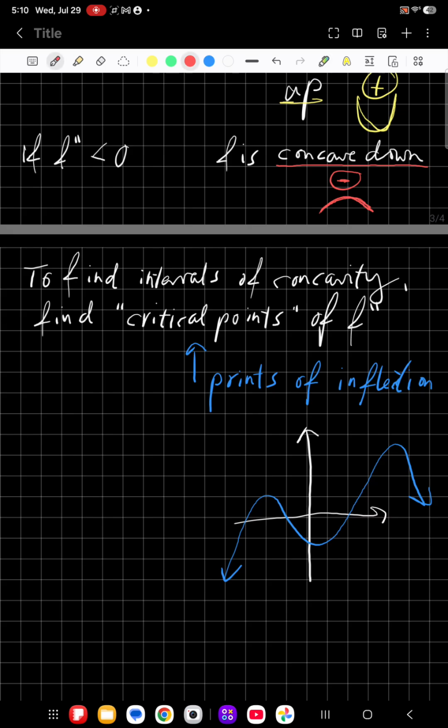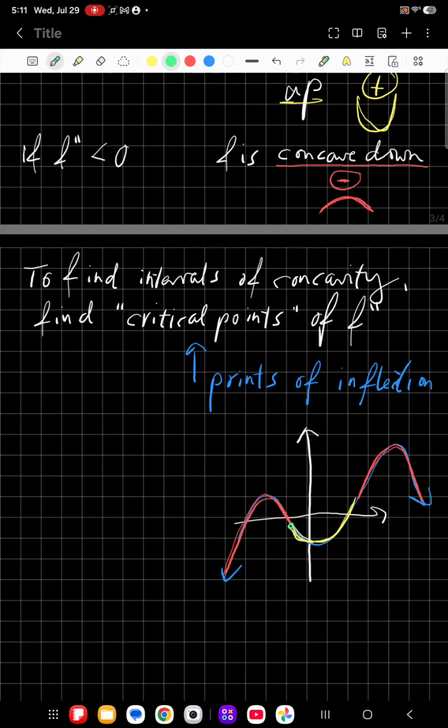Let me actually draw it. The red part is concave down, here concave down. Before I talk about this, let me add this. Concave up, obviously the yellow, concave down, the red part, and now we have those points of inflection.